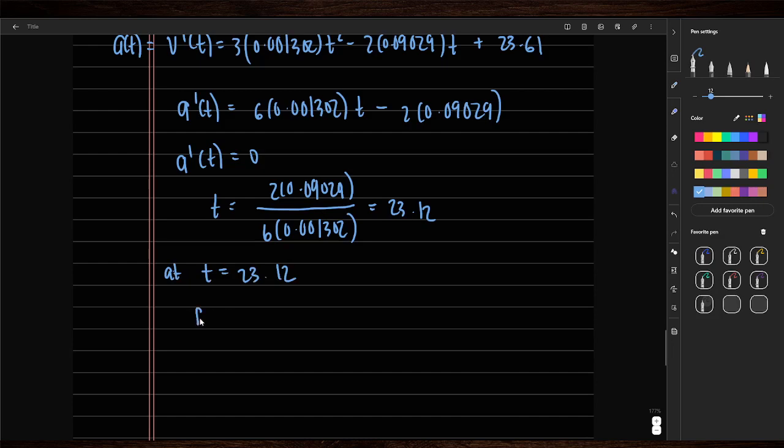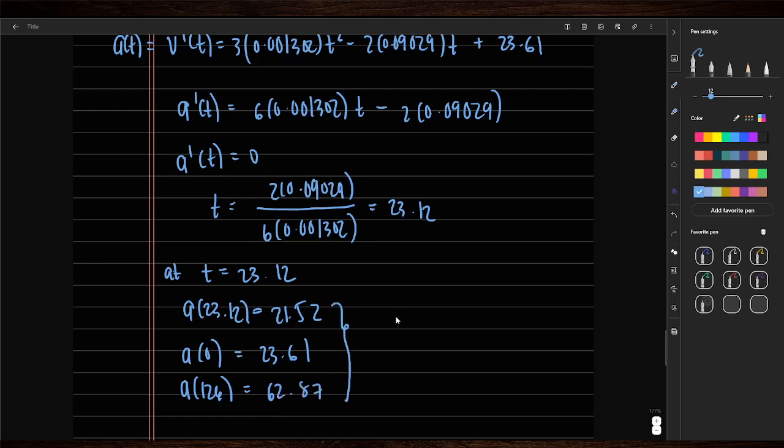So a of 23.12 is equal to 21.52. Then you have two endpoints, 0 and 126. At 0, this is equivalent to 23.61, and at 126, this is approximately 62.87.